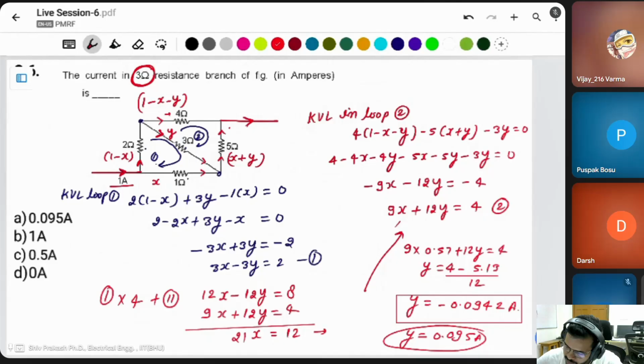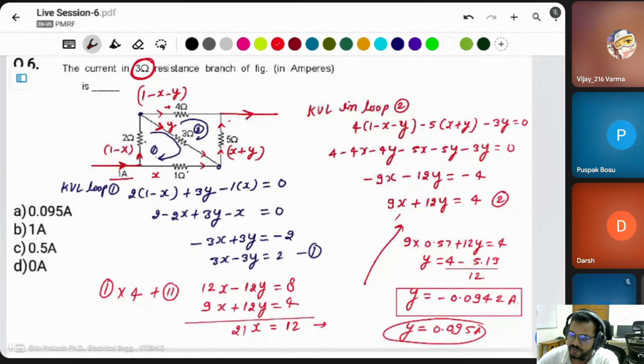Then Y is equal to 4 minus 9 into 0.57, this will be 5.13, divided by 12. Y is equal to minus 0.0942 ampere.